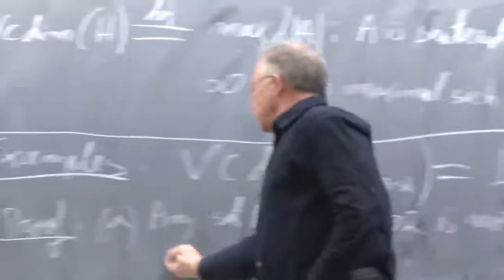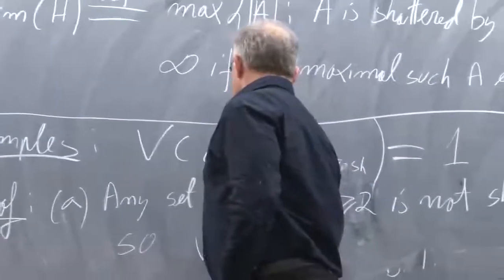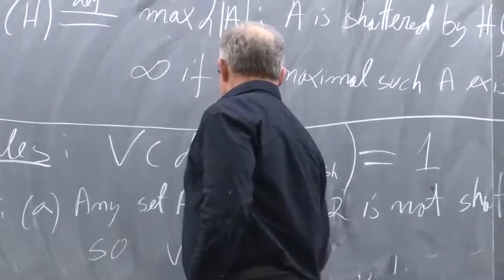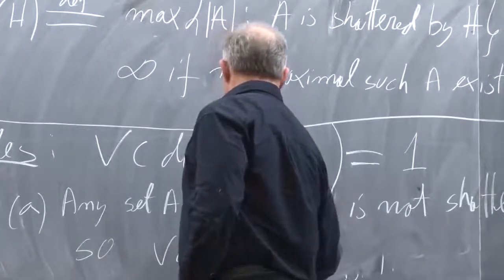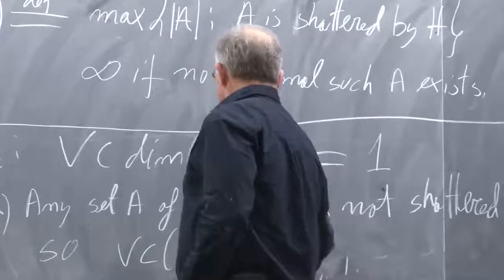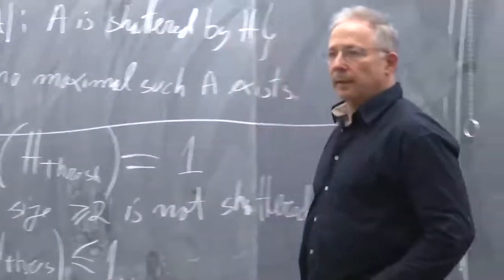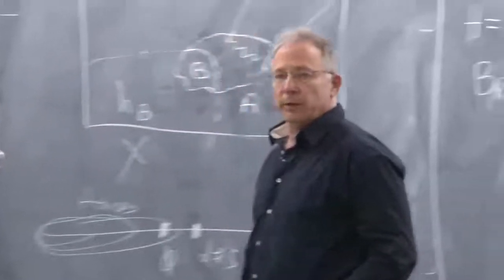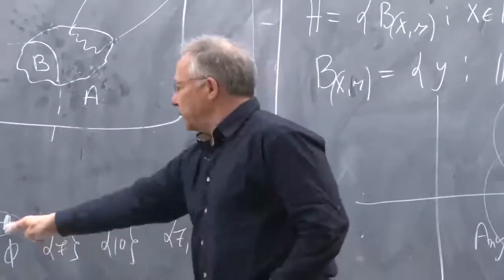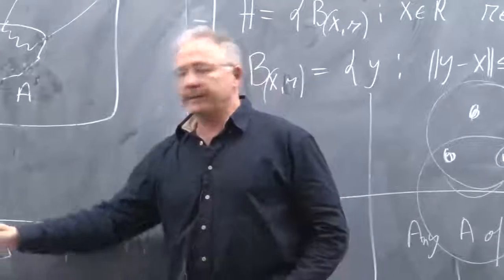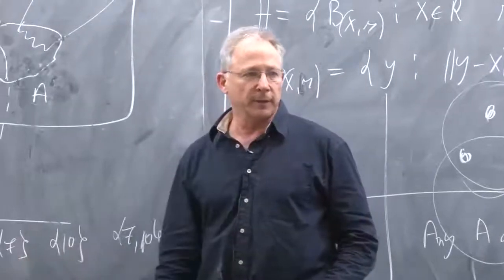So I can conclude that the VC dimension of H threshold is at most 1, since no set of size 2 is shattered. That's what we saw here. Any 2 points cannot be shattered by thresholds.